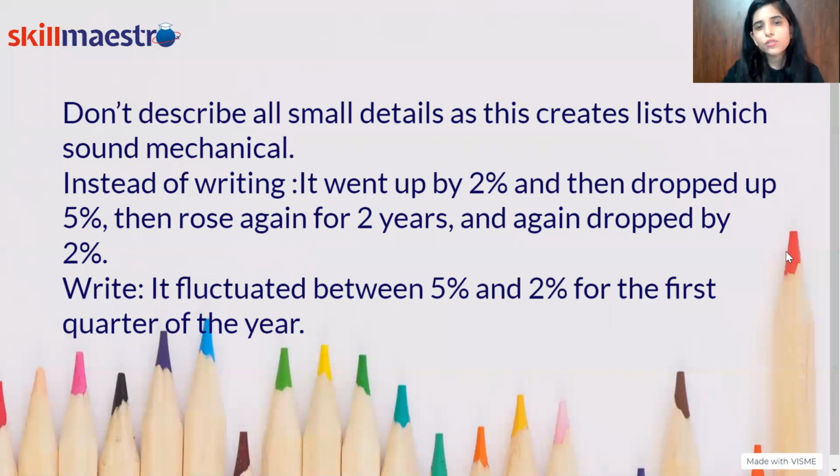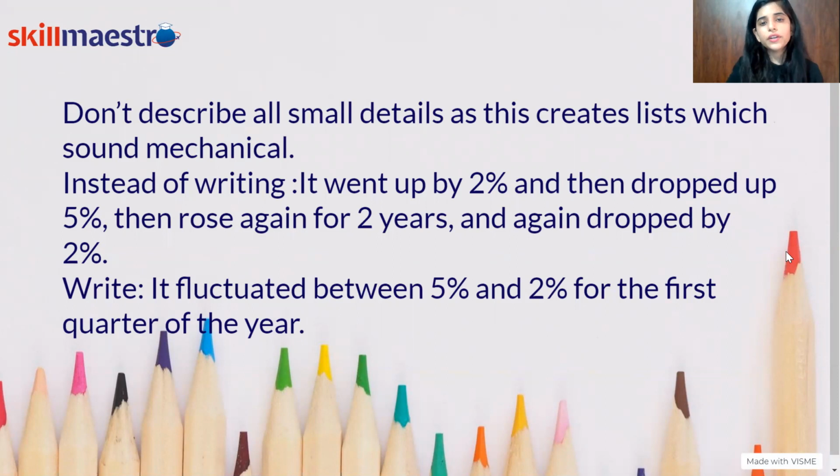Don't describe all small details as this creates lists which sound mechanical. It'll look very complicated and too much if you are writing every small detail, and you won't be able to finish your essay within time.